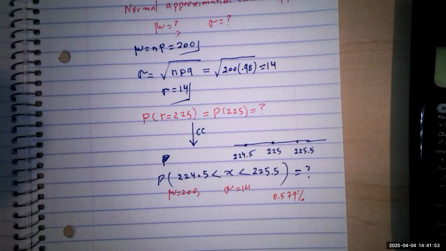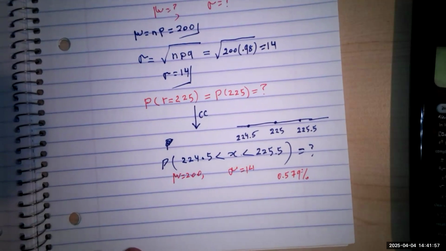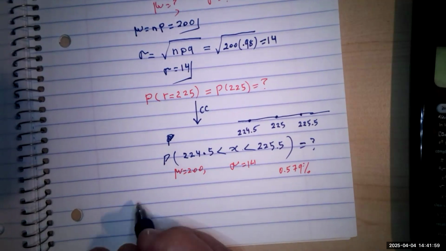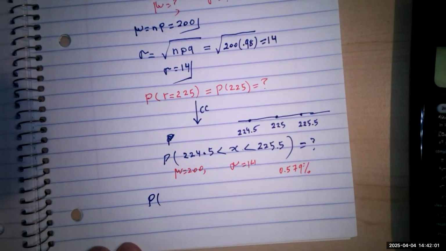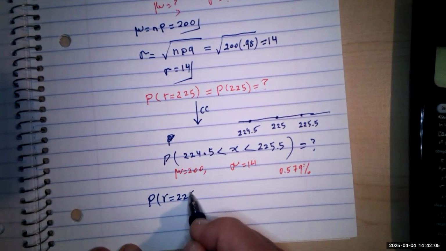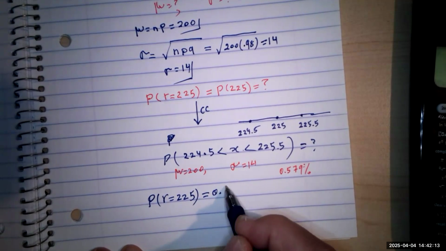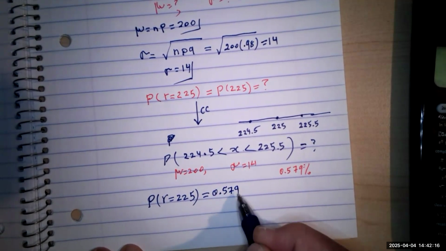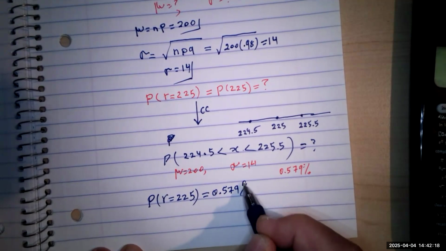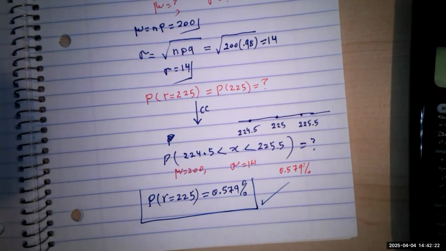As soon as we change it to the normal distribution, it is done. So the probability that exactly 225 of those hair dryers are going to be defective is very low, 0.579%, almost 0.6%.